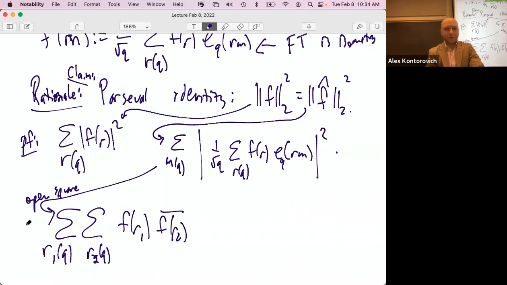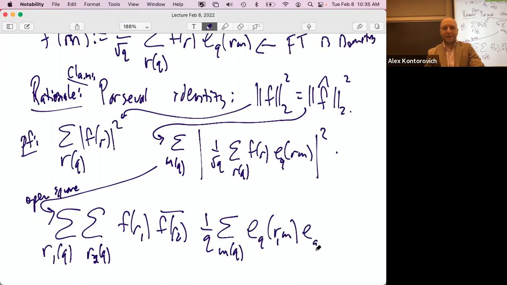There's a 1 over q. Actually, let's put the 1 over q right here. And then a sum over m with an e to the 2 pi i q r1 m, and R2 is the one with the bar. So this is an e to the 2 pi i R2 m bar.